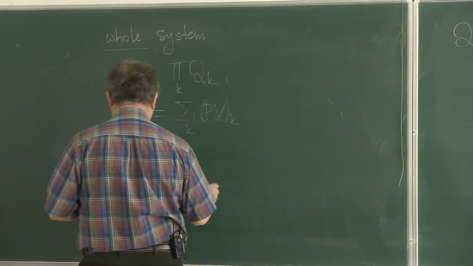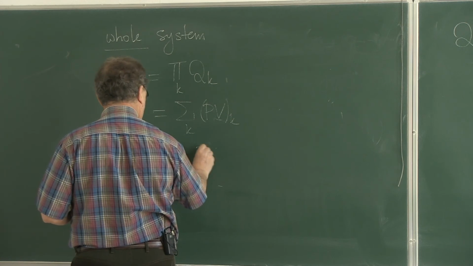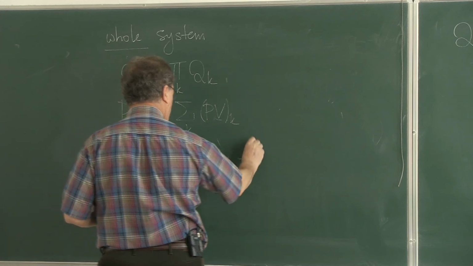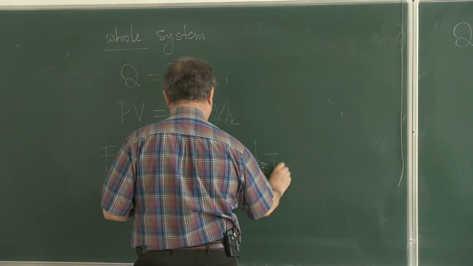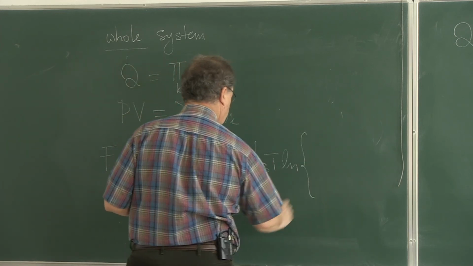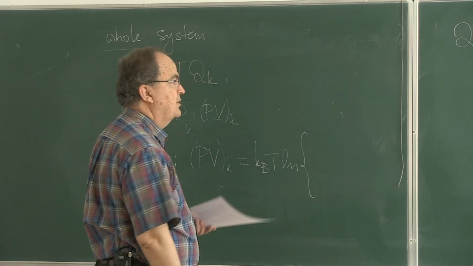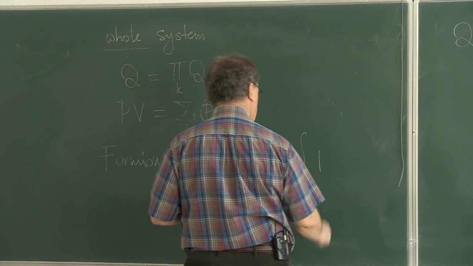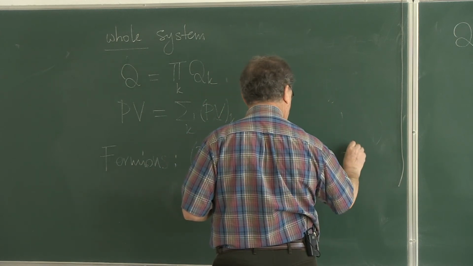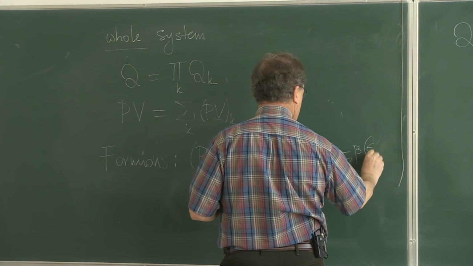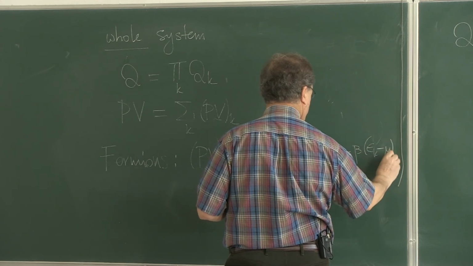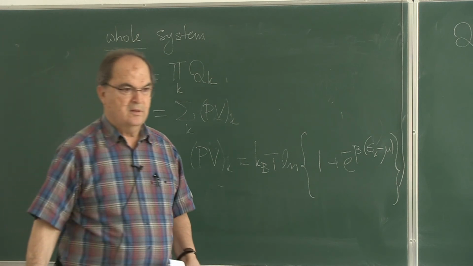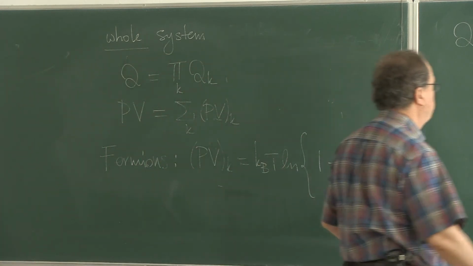The sum has the following. This is our partition function now: 1 for n_k equals 0, plus e to the minus beta (ε_k minus mu). Two terms in the sum.